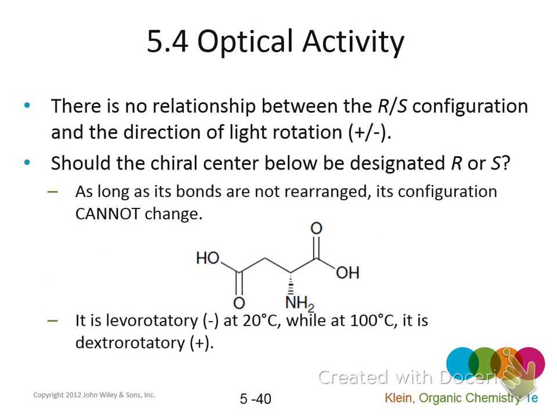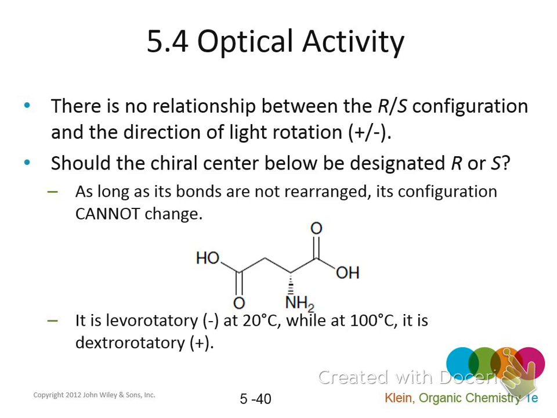A couple other notes. There's no relationship between RS configuration and the direction of light rotation, plus or minus, except that they're always opposite. R and S always have opposite rotations. And here's an example.